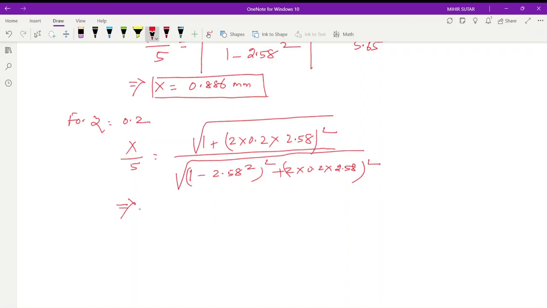So the value of x will be 1.25 mm for a value of zeta 0.2.